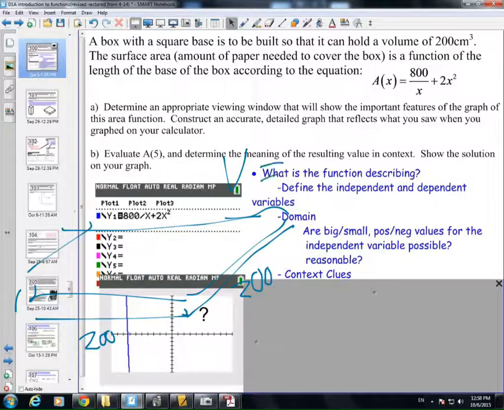will be equal to, sorry, this is really sloppy, let me fix this. Volume will be equal to 200 times 200 times the height.